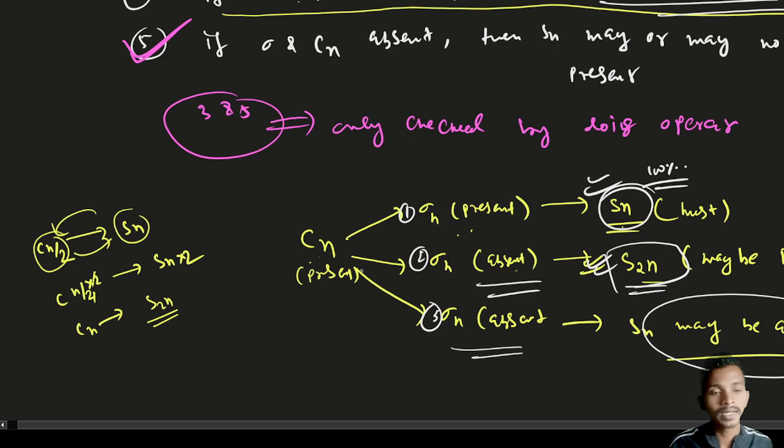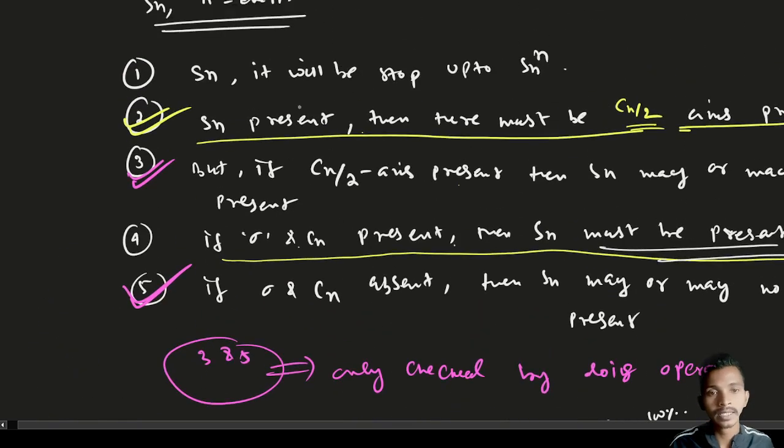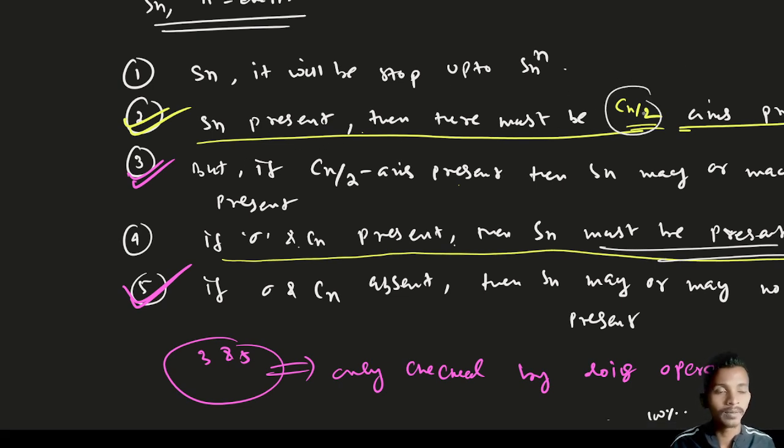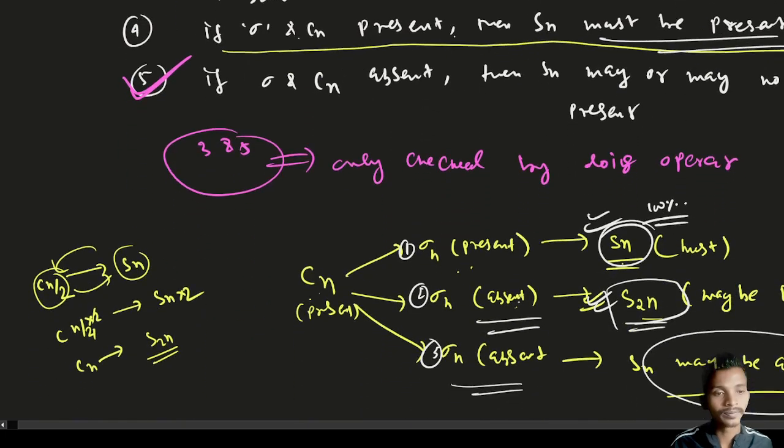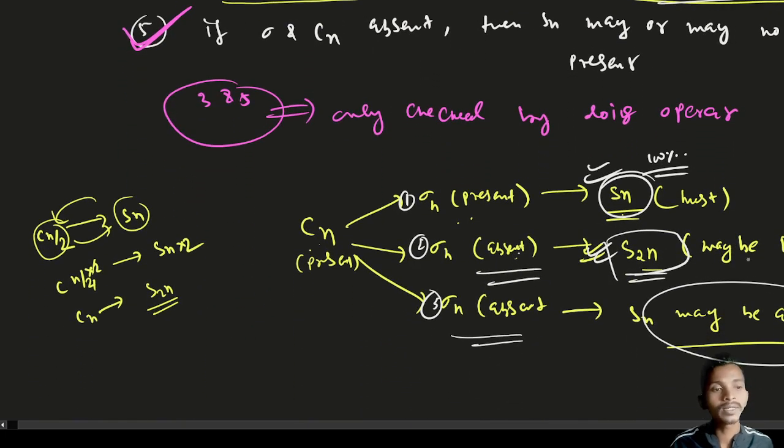And if sigma h is absent, because we say that if Sn is present, then there must be Cn, and if the axis Sn is present, then an n by 2 axis must be present. Now if Cn is present and sigma h is absent, in that case S2n may be present. Okay, we will check this one.